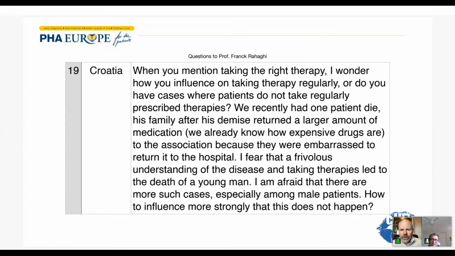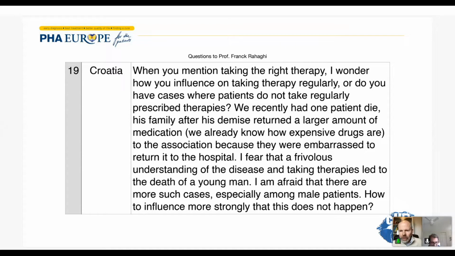Long question, Croatia. When you mentioned taking the right therapy, I wonder how you influence taking therapy regularly, or do you have cases where patients do not take regularly prescribed therapies? We recently had one patient die. His family, after his demise, returned a larger amount of medication to the association.